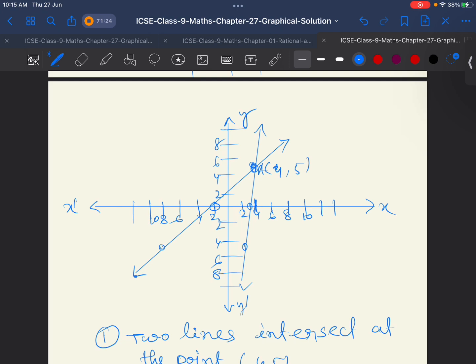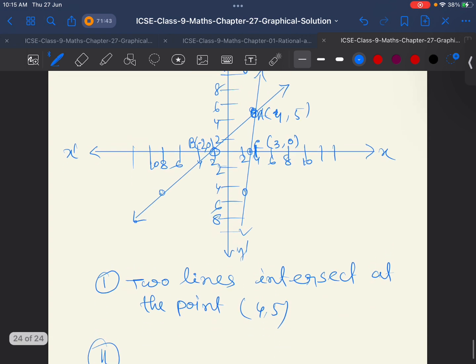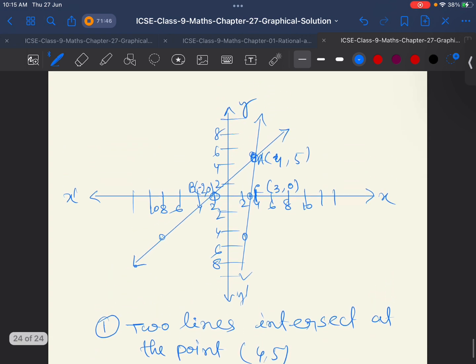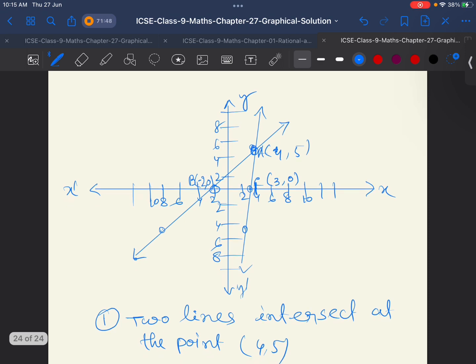Now the second question, the area of the triangle between the lines and the x-axis. Here A is point 4, 5 and B is here -2, 0 and C is here 3, 0. Okay, this is the C point. To find the area of the triangle, we need the base BC and the height.